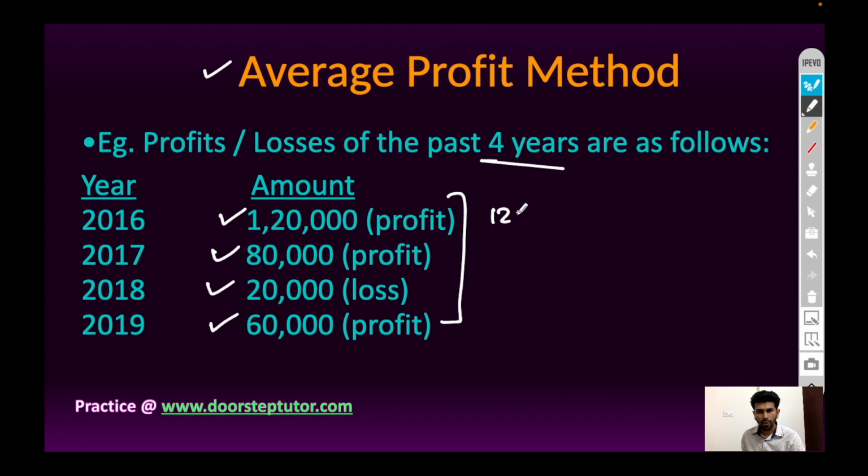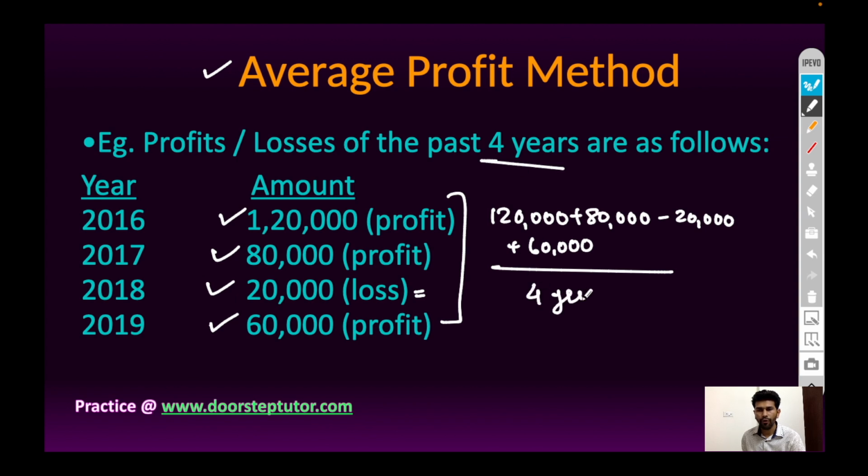So 1,20,000 plus 80,000 minus 20,000 plus 60,000 divided by number of years, 4 years. So total will be 1,20,000 plus 80,000, 2 lakh, minus 20,000, 1,80,000 plus 60,000.